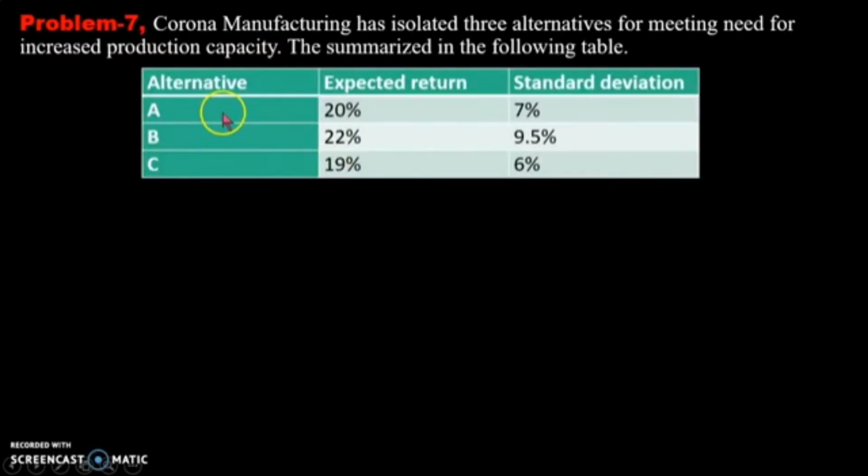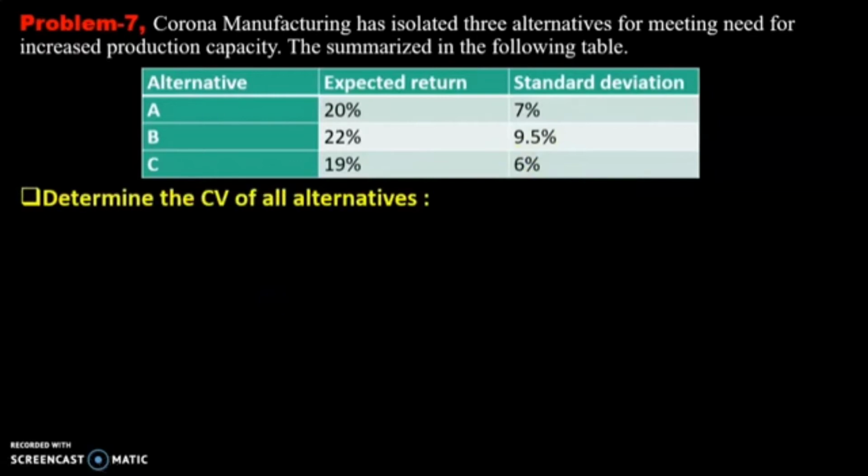Alternative A, expected return 20% and standard deviation 7%. Alternative B, expected return or R bar 20% and standard deviation 9.5%. And alternative C, expected return or R bar 19% and standard deviation or sigma 6%.